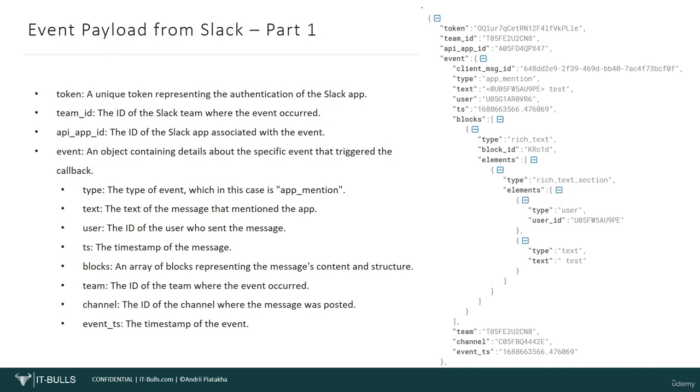Text. The text of the message that mentioned the app. Pay attention here to the message. You can see that in case there was a mention, it has a specific format in the text. Namely, a user ID is used. Like this, it is not clear who is mentioned here, and whether it makes sense for the context in general.